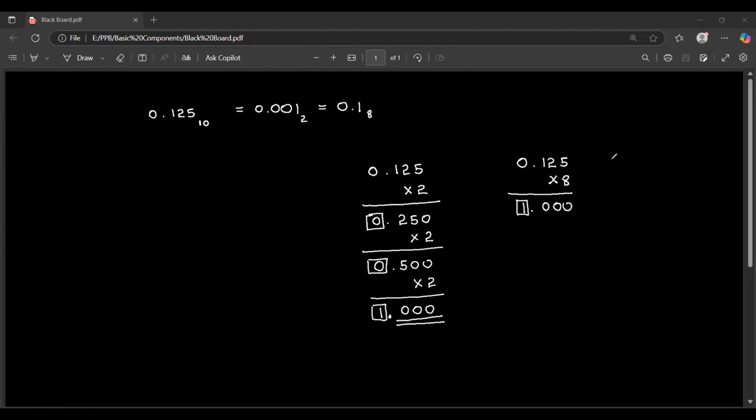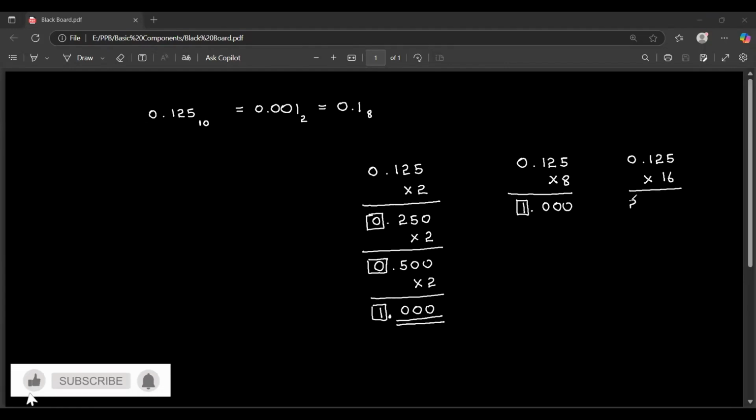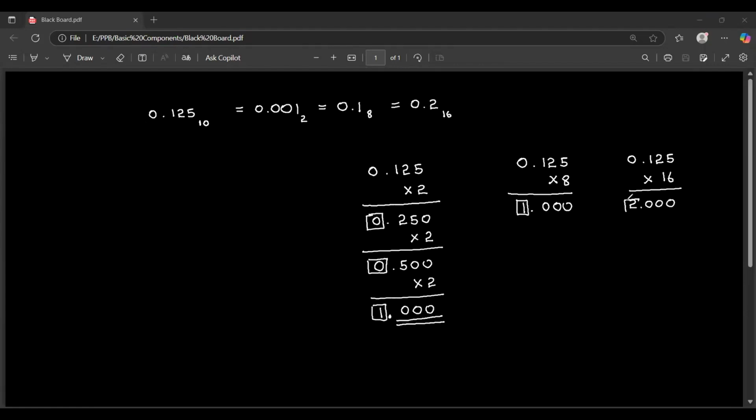But if you have to convert it to hexadecimal, what will you do? Well, you do the same thing, but you multiply it by 16. If you multiply it by 16, you will get 2.000. So the answer will be 0.2 to the base 16. This 2 is what you write down here, as the first decimal point.